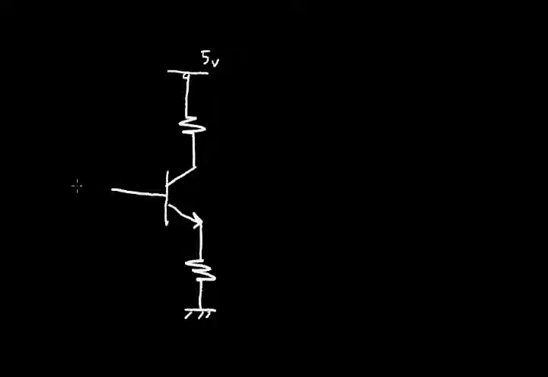And the voltage at the base I'll call V in. The voltage at the collector I'll call V out, V0. And let's choose some resistor values. I'm going to choose 2 k ohms for the collector resistor and 1 k ohms for the emitter resistor. And I'm going to set V in at 1.7 volts.